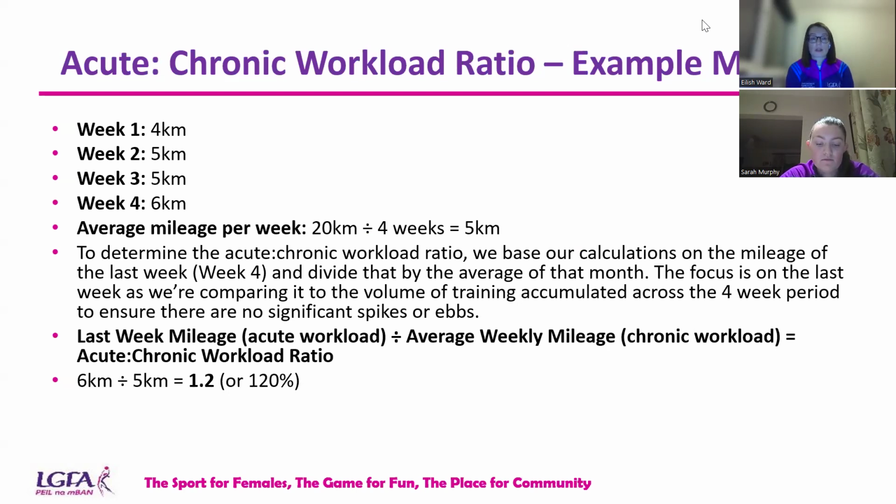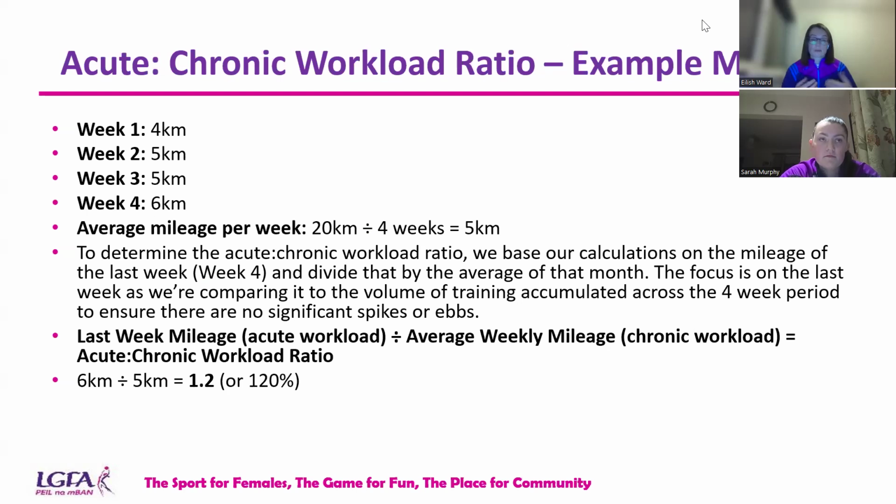In order to work out our chronic workload, we divide that by 4, which is basically equal to 5 kilometers. Then, to work out the training load for that week, we divide the overall weekly total, which in this case for week 4 is 6, by the average over the previous 4 weeks, which is 5, and that gives us a ratio of 1.2 or 120%.